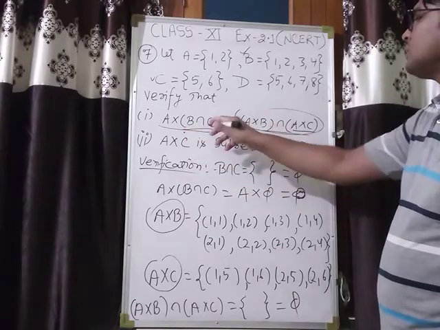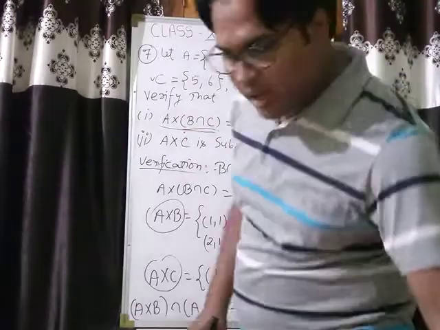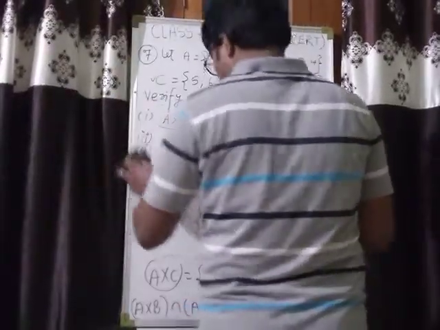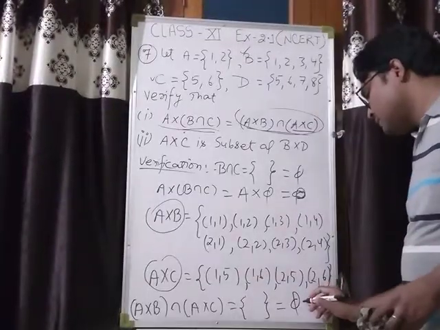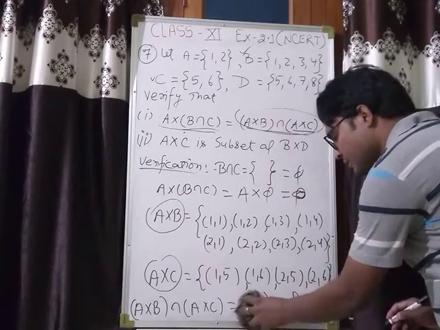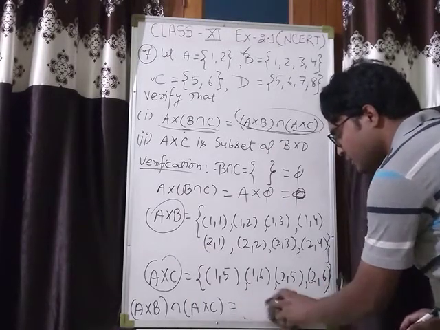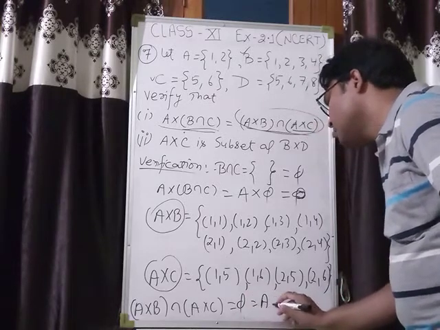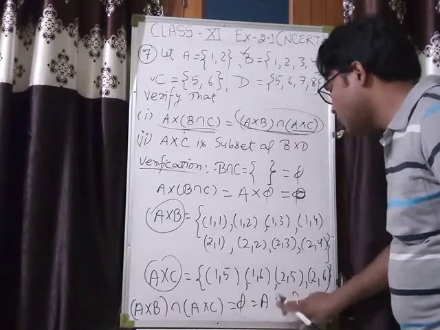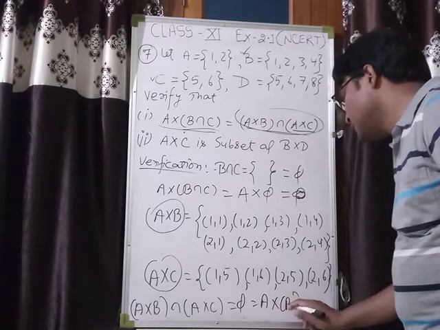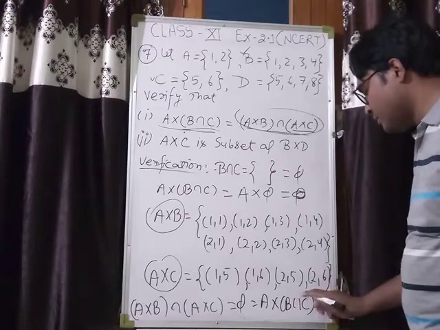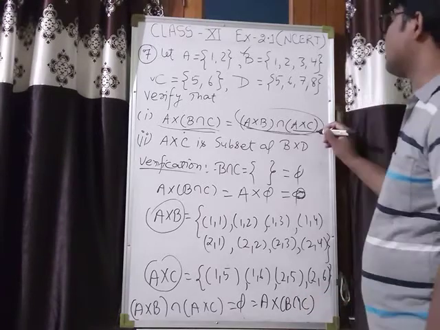So this can be written as null set, and that is the same as A Cartesian product (B intersection C). So this first one is verified.